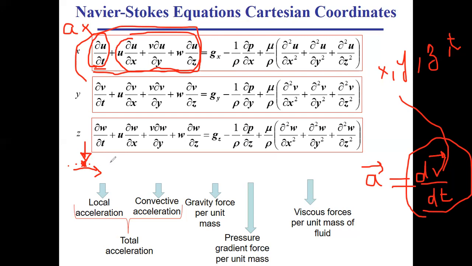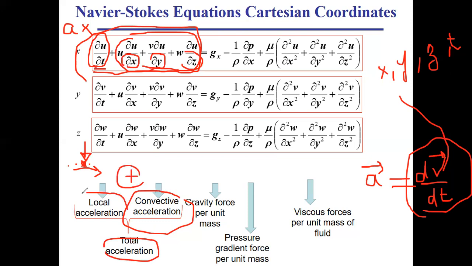To take this into account, it is considered through the convective acceleration, which represents the acceleration due to variation in space. And since you are conducting analysis in the most general 3D case, you can have variation of velocity with X, variation with Y, and variation with Z. So in total, your total acceleration will be the summation of local and convective acceleration.